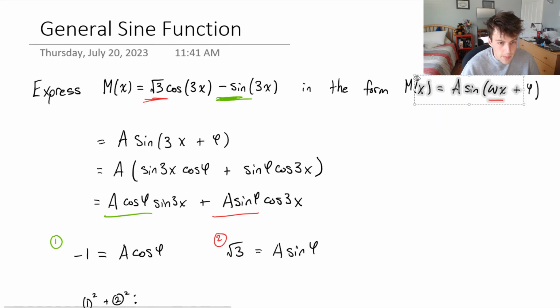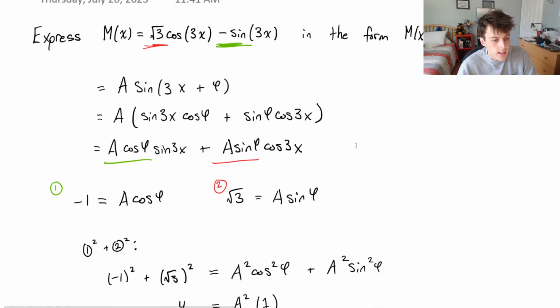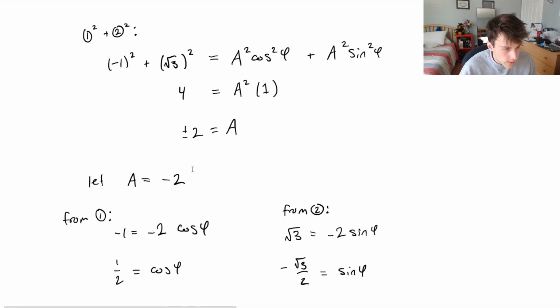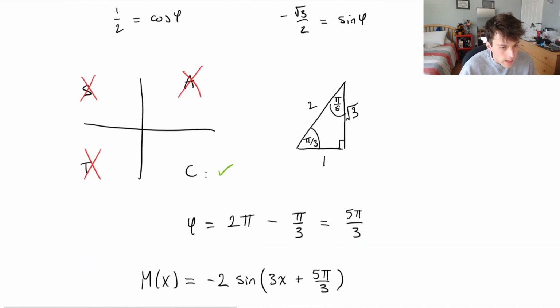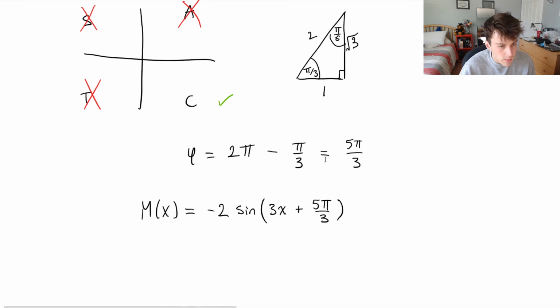See, m(x) equals a sine omega x plus phi. We solved for a to be -2 and phi to be 5 pi over 3. So we plug that in here, plug a in as -2, and we immediately could tell omega was 3. And there you go. That's all there is to it.